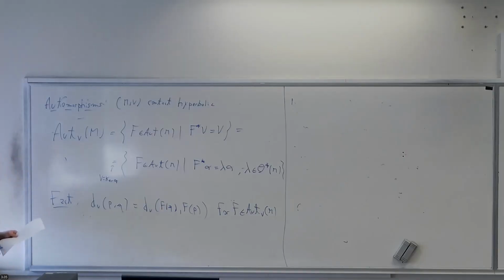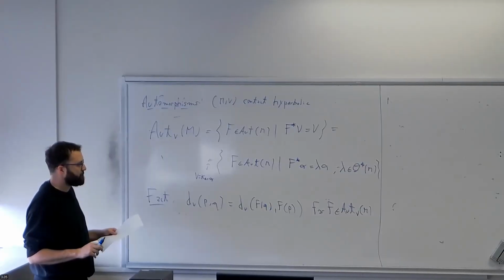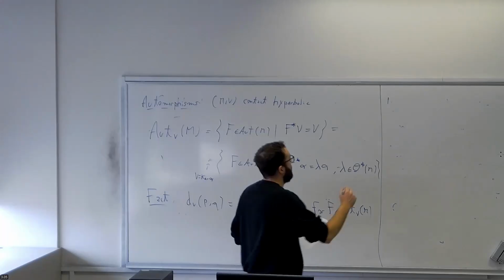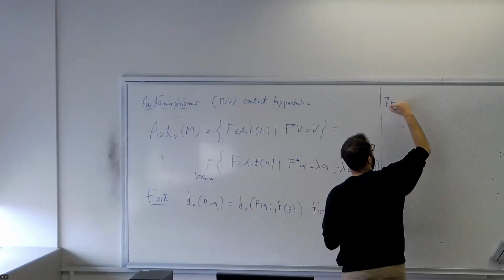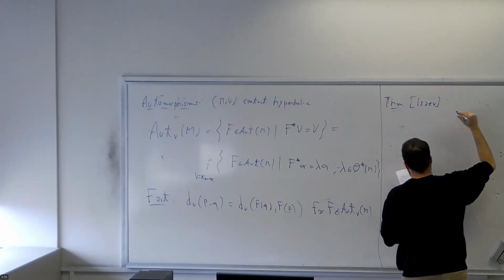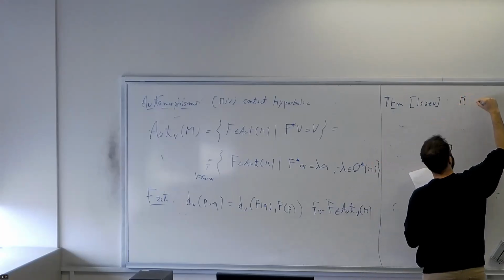And once you see this, if you know a bit about Kobayashi hyperbolicity, you will know that there is a theorem by Isaac, or maybe better to say a series of theorems, of which I would state only a part.